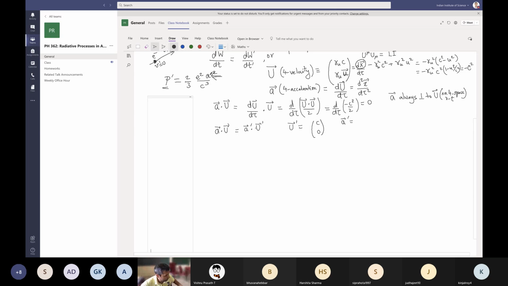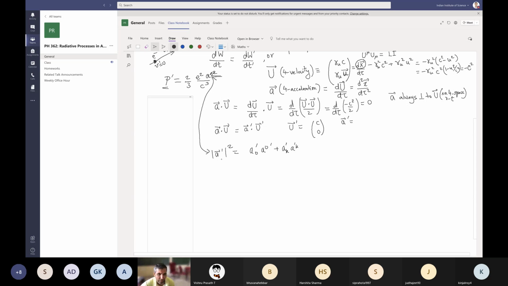So what do we get? Just a sec. A prime squared, this is what we need here basically, is equal to minus A0 prime A0 prime plus A_k prime A_k prime.